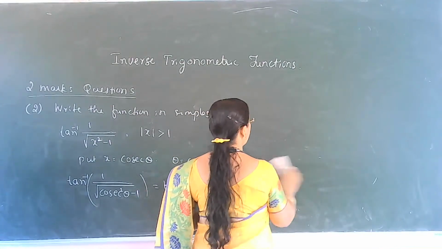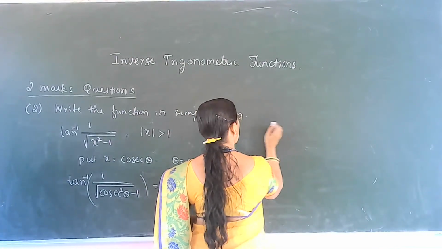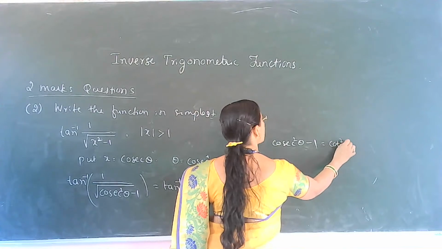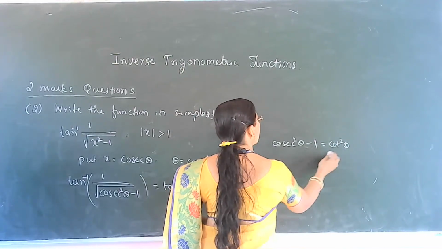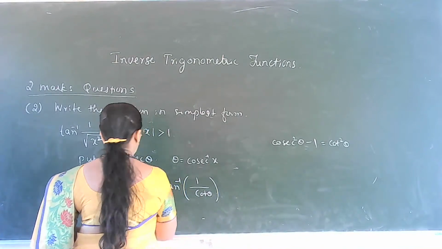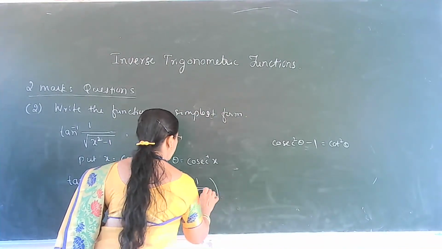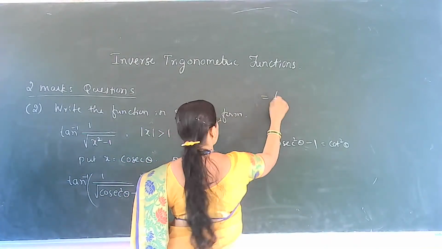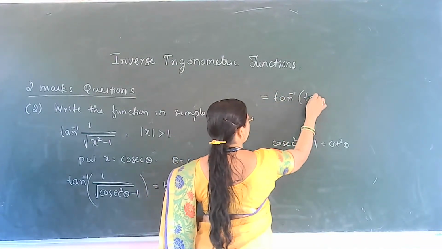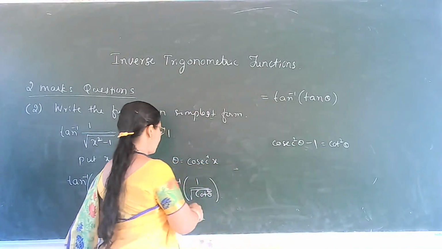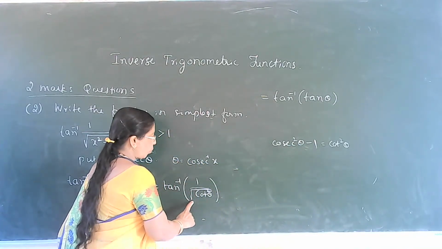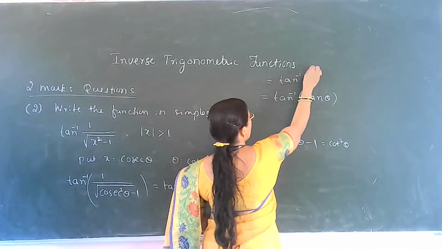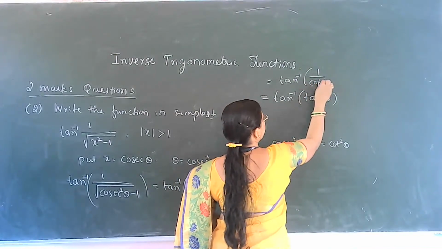Cosec square theta minus 1 is equal to cot square theta. Taking the square root, which is equal to tan inverse of 1 by square root of cot square theta, is equal to tan inverse of 1 by cot theta.